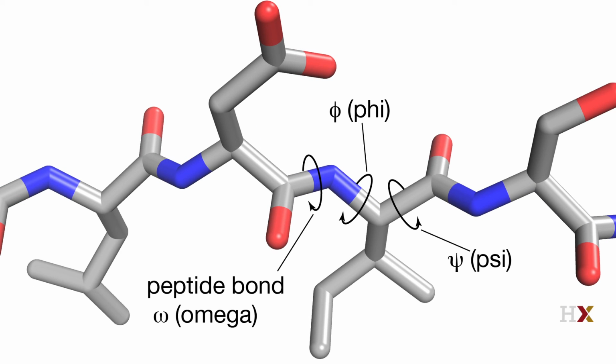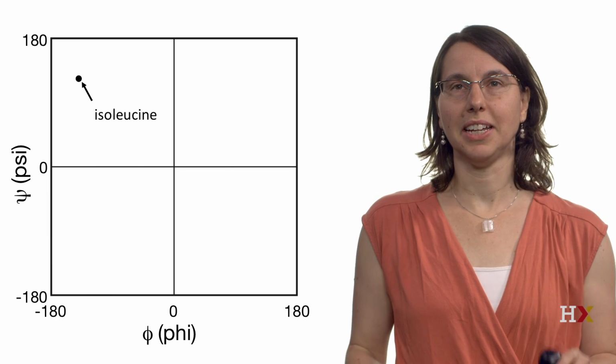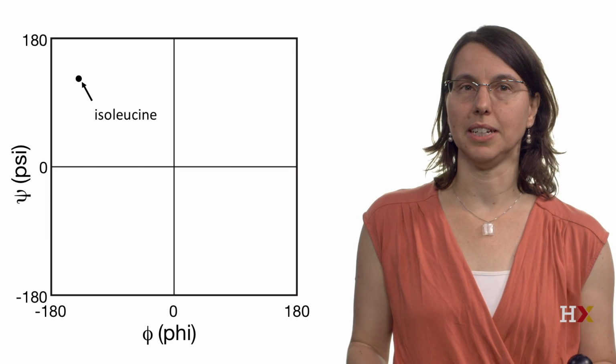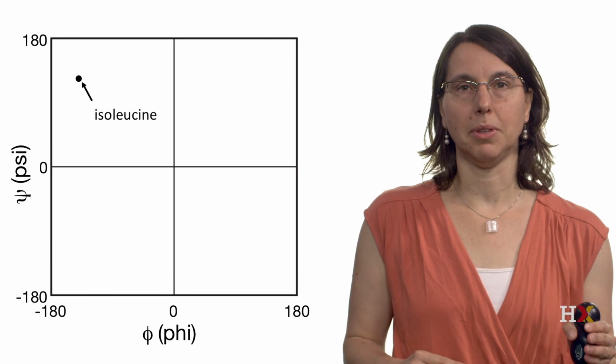Each residue therefore has 2 such dihedral angles. So this isoleucine has dihedral angles phi of -138 degrees and psi of 132 degrees. Here I've plotted the dihedral angle values for this isoleucine on a phi and psi plot.